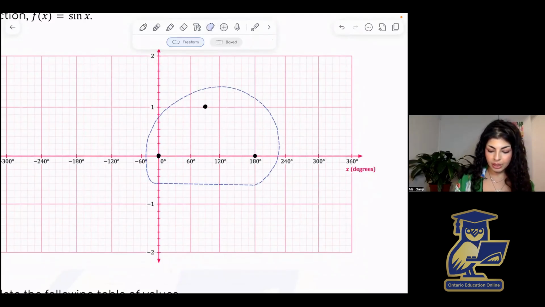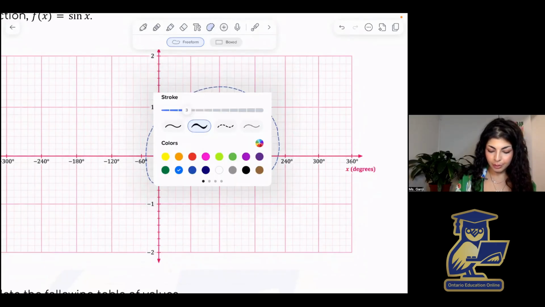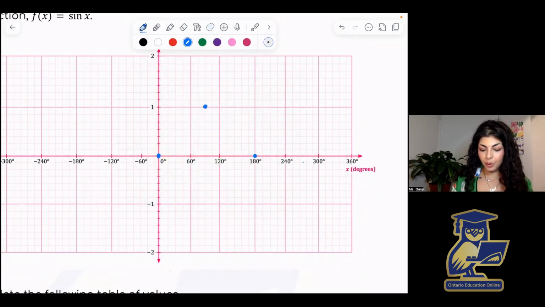And maybe I'm going to do these with blue. And then your minimum point, which is at 270 degrees.